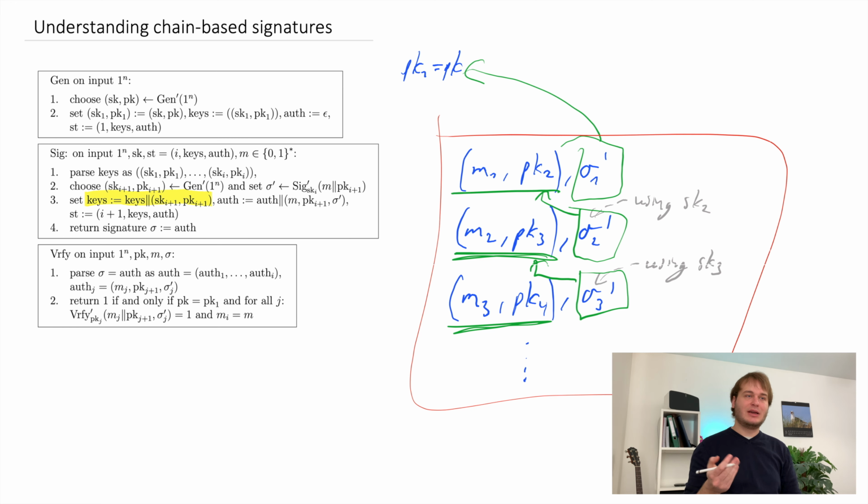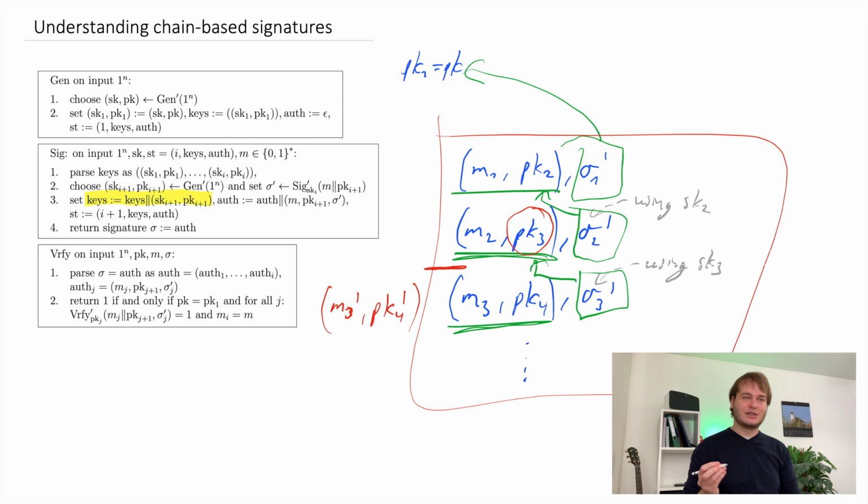And now what he could try is to choose any of these public keys and try to make a forgery for those. So essentially he could interrupt the chain of signatures here, just ignore all of the rest that's already there. And he could then try to forge a signature, for example, under pk3 on a message M3 prime.